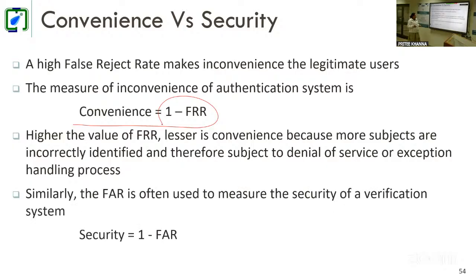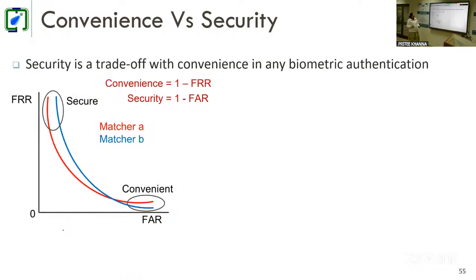And your security is 1 minus the false accept rate. If the false accept rate is high, imposters are being accepted, so security is low. From that you get an idea, and accordingly you set the threshold so that you can get the desired FAR.